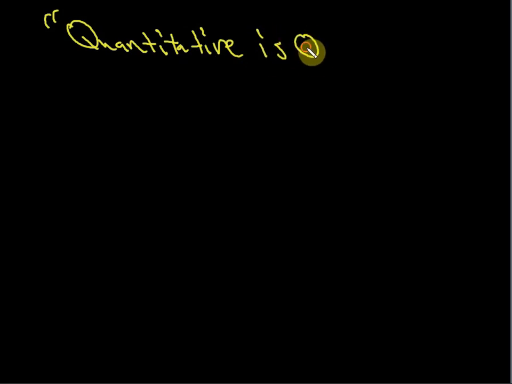So keeping with the theme of qualitative and quantitative, one thing I saw that really helped me was this little mnemonic device, whatever you want to call it. So quantitative is quantity.